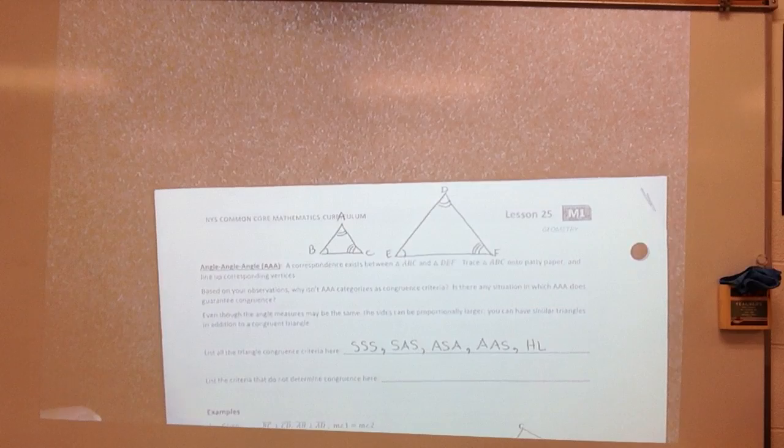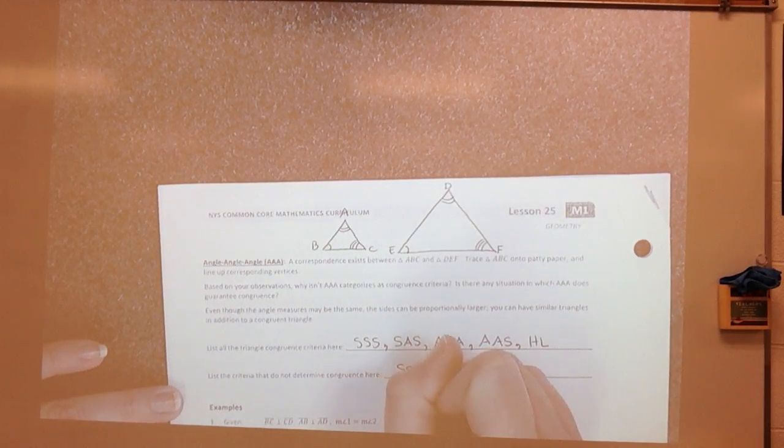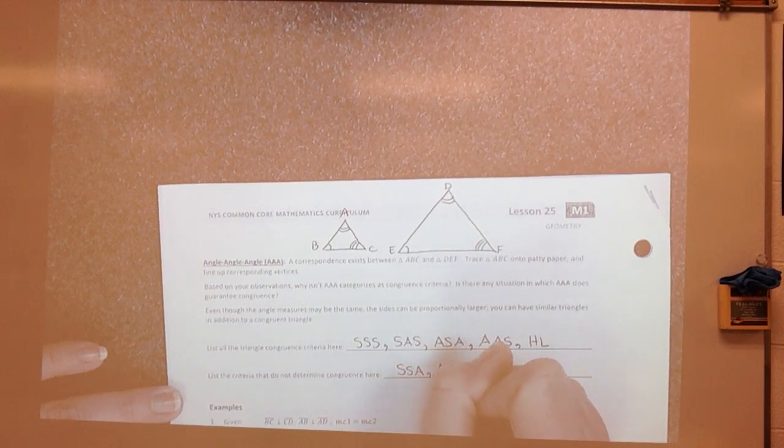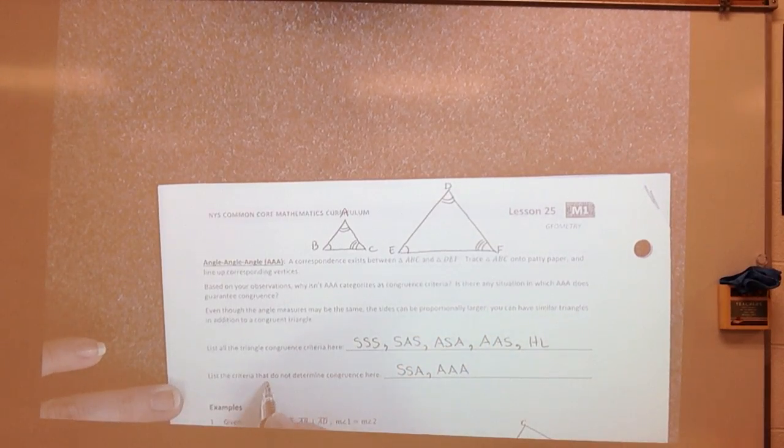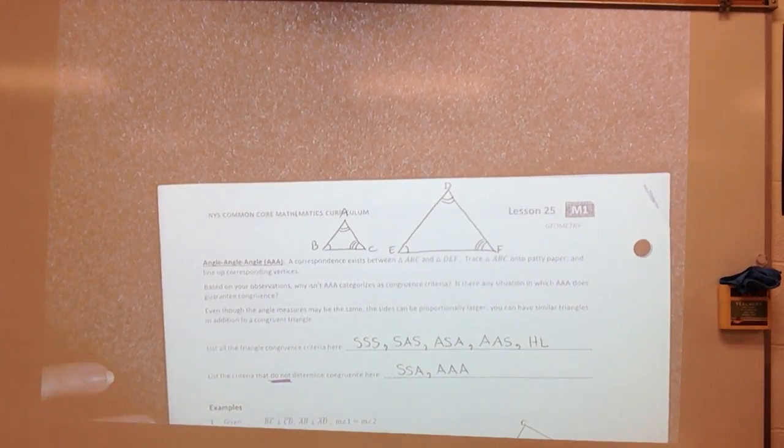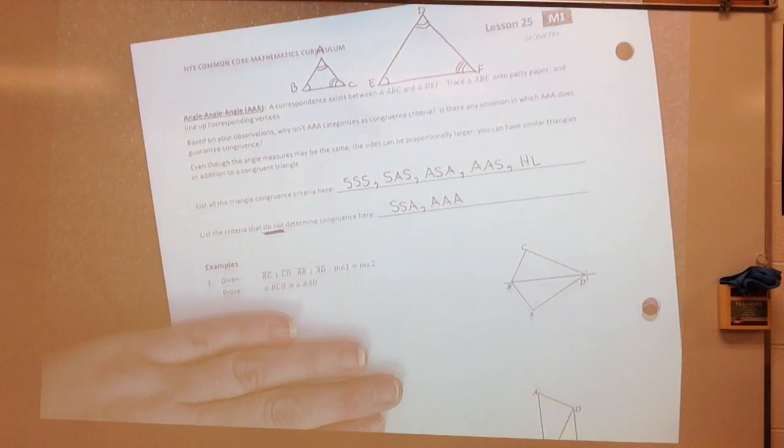List the criteria that do not determine congruence here. This would be side-side-angle and angle-angle-angle. Please make sure you understand they do not determine.